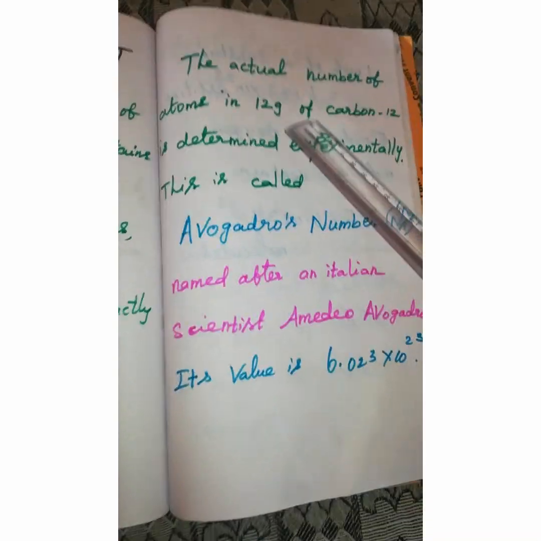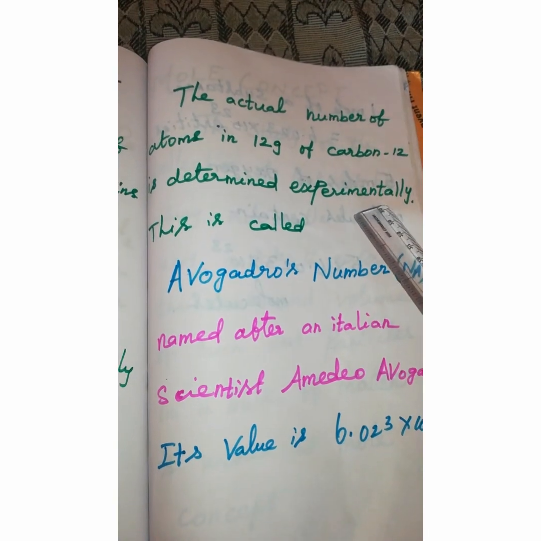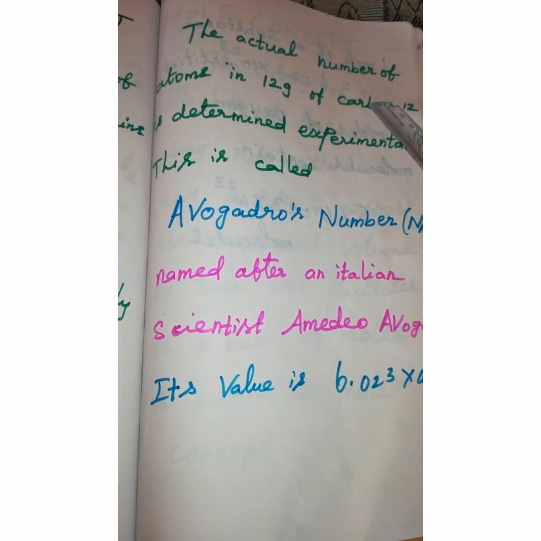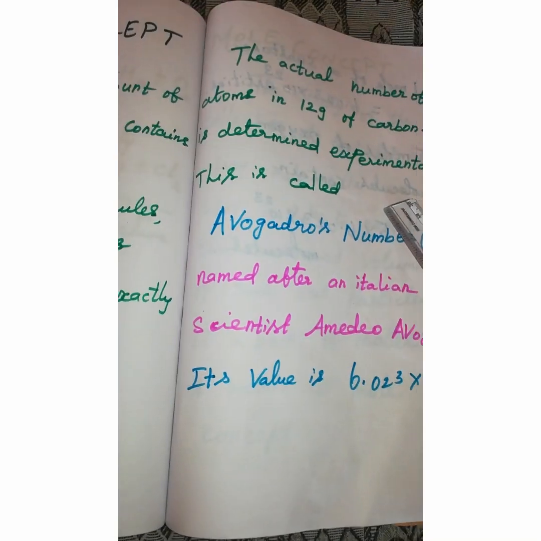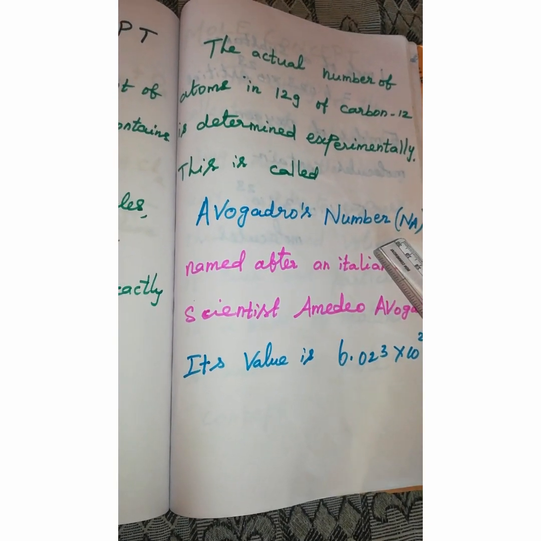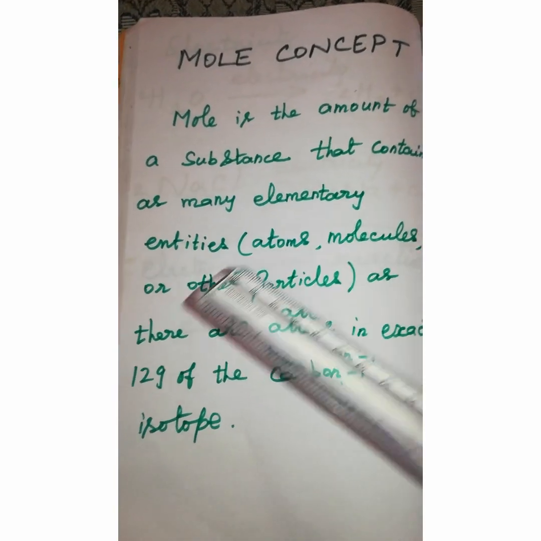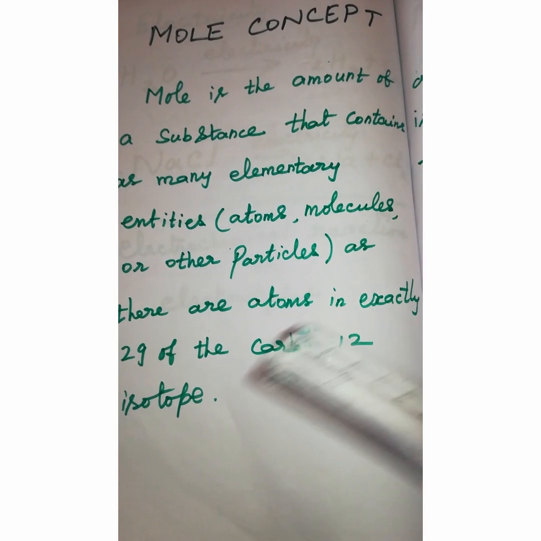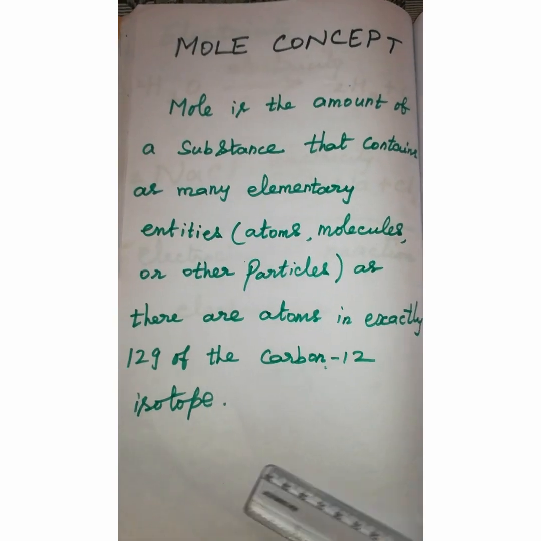The actual number of atoms in 12 gram of carbon 12 is determined experimentally. This is called the Avogadro number.